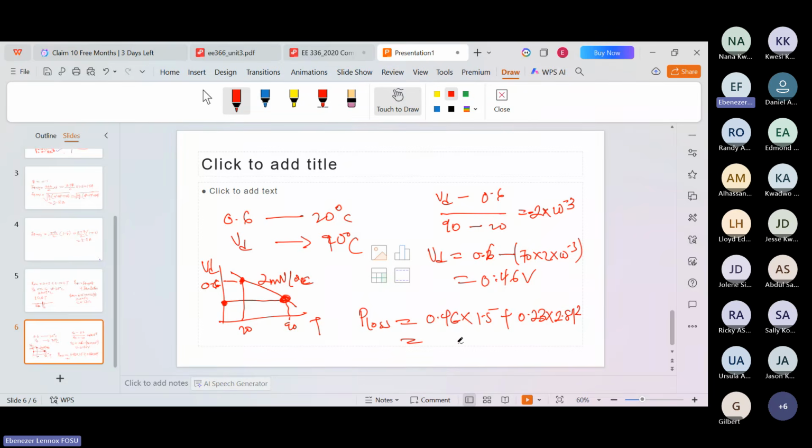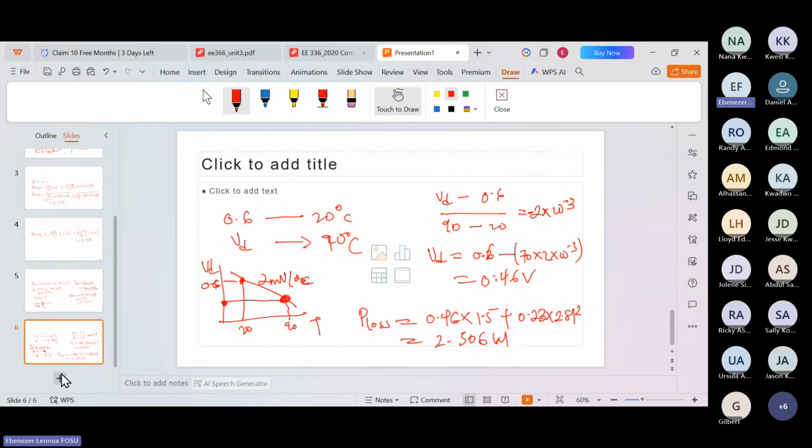Please, I hope what I've done so far is right, the values that I've written here. Okay, so what is the total power loss now? 2.506 watts. Okay, so this is for the IGBT.